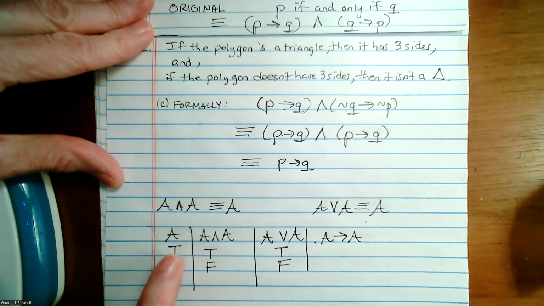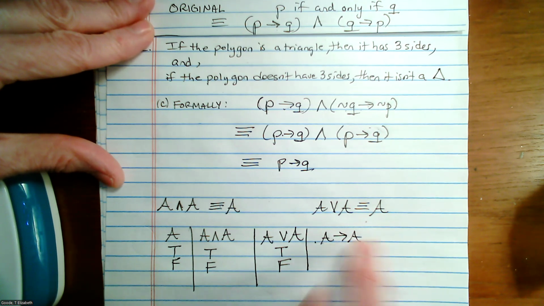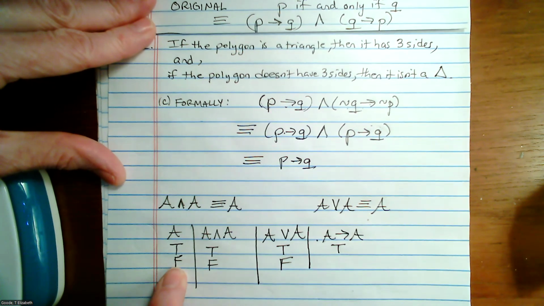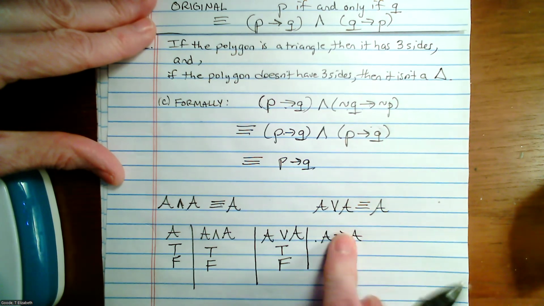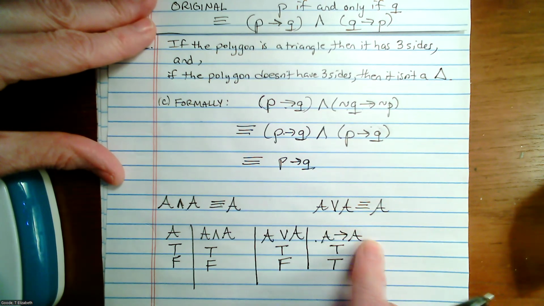So in row one, we would have true implies true. What would that be? True. And in row two, we would have false implies false, which is true by false hypothesis. That's right. And this is the point. Think about what A implies A means. It says if you have A, then you better have A.